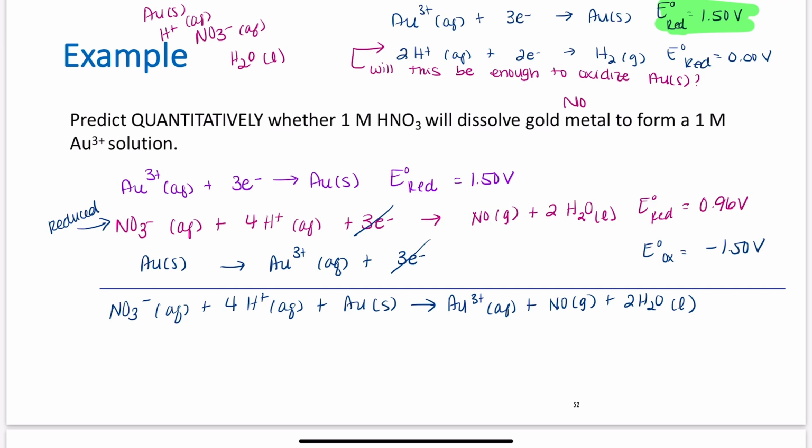But my potential here would be 0.96 minus 1.50, which would be a cell potential of negative 0.54 volts. This cell potential is still negative. And when you have a negative cell potential, that means it is not spontaneous.